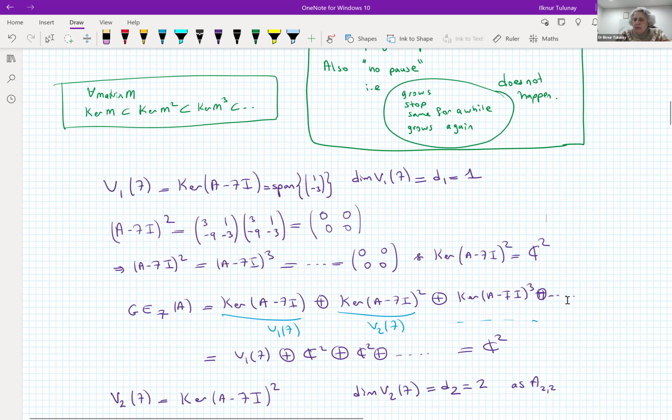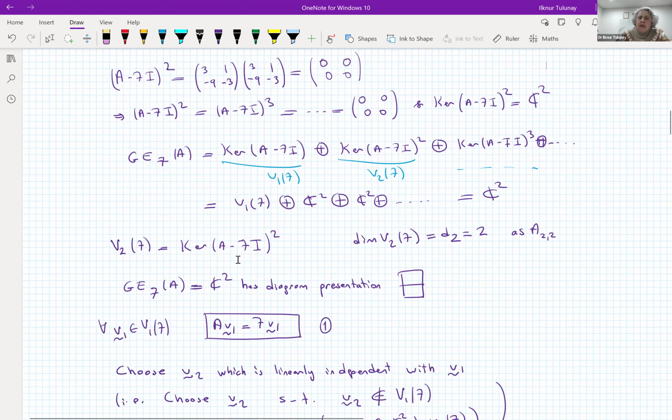So if you see the picture here, it's all C2. Adding C2s and C2s infinitely many times, you have C2. So this is the two-dimensional complex space. This is our generalized eigenspace for 7, so just C2.